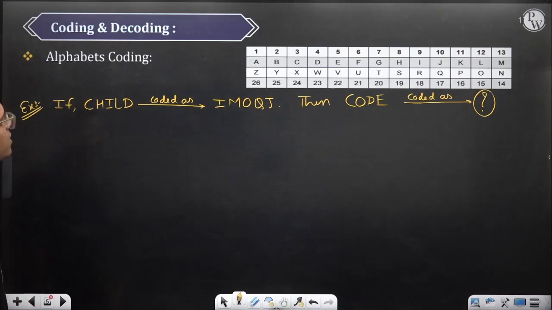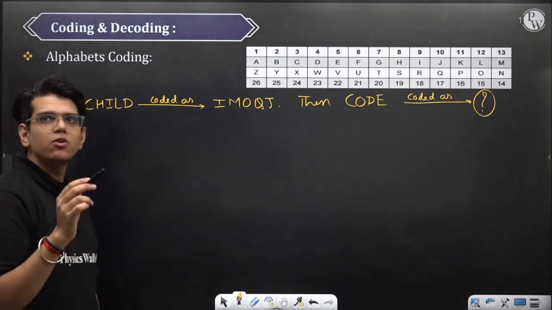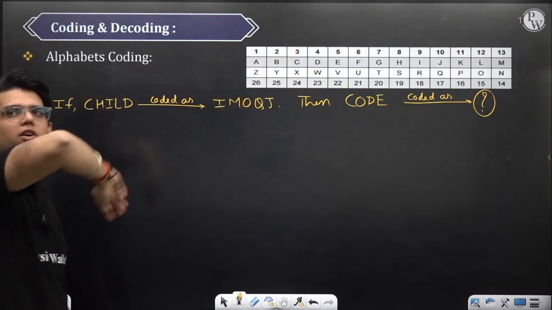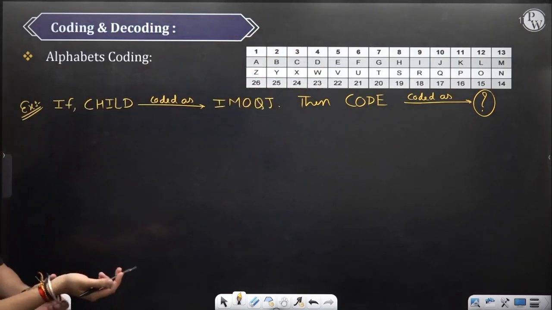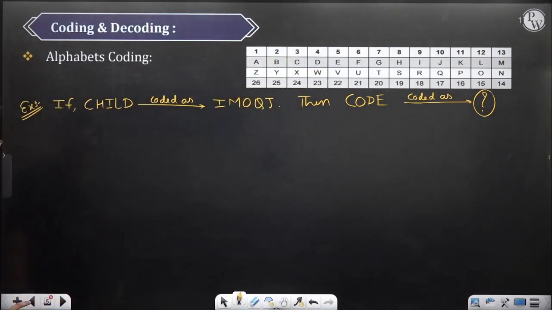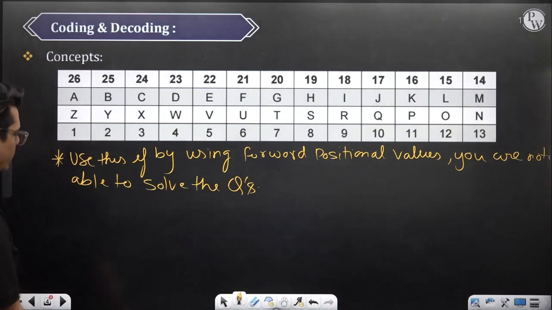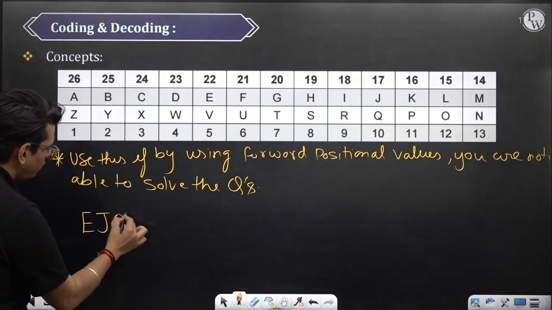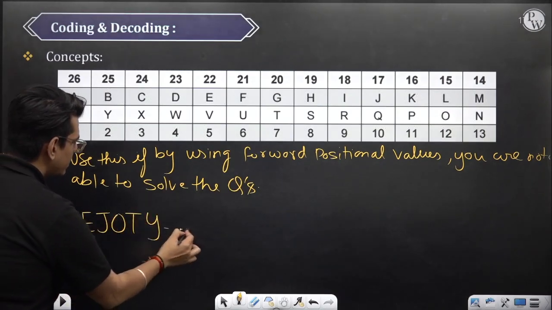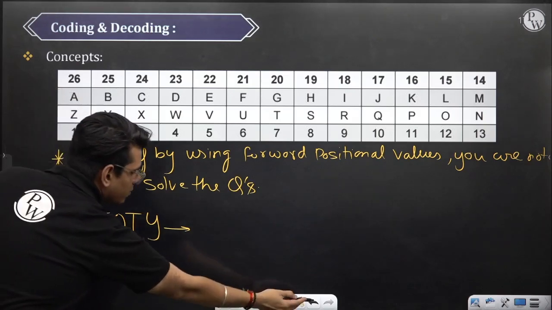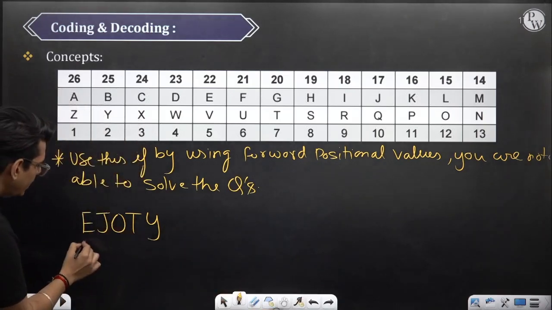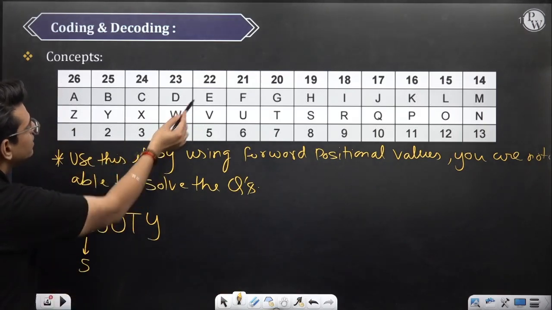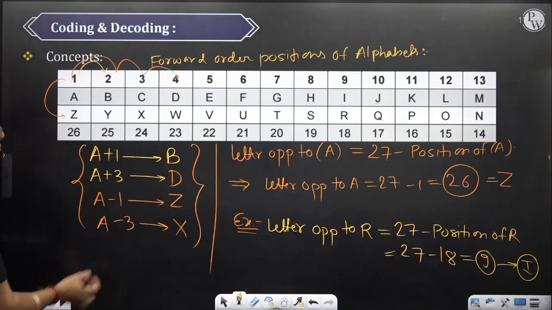The first thing is, every time you solve these questions, this table should be present on the page. It will make your question solving very easy. Another thing you can remember is a formula, EJOTY. What is this? It is the positional values: E is at 5 from the forward position.